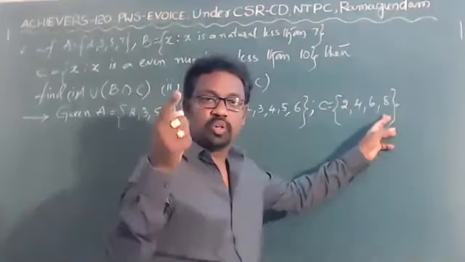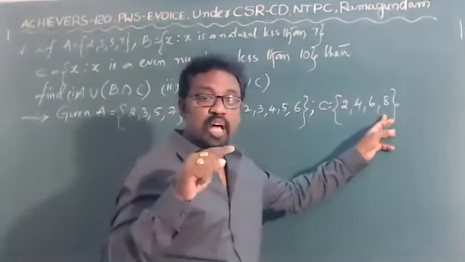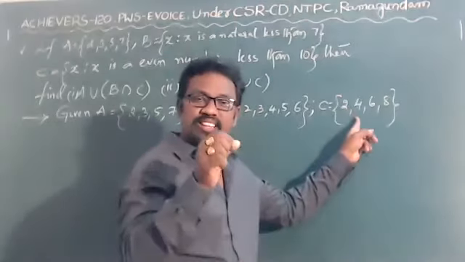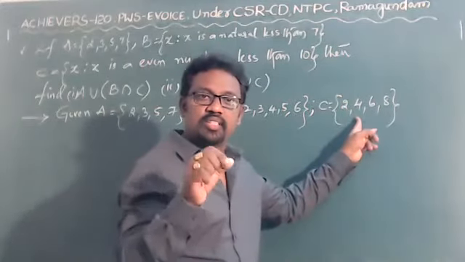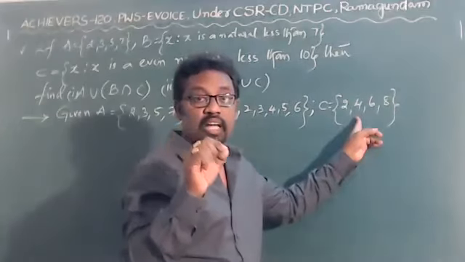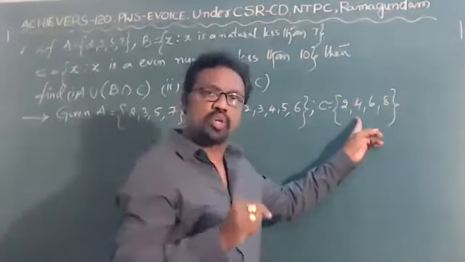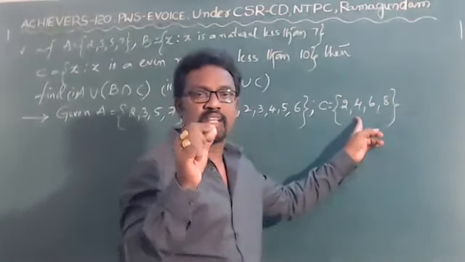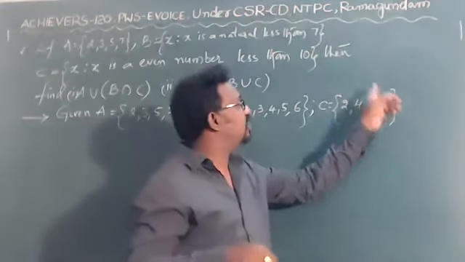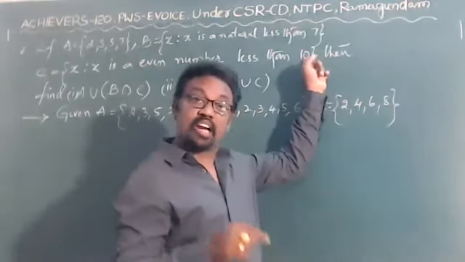Convert this into set builder form. If anyone asks, you have to write C is equal to x such that x is an even natural number less than 9.